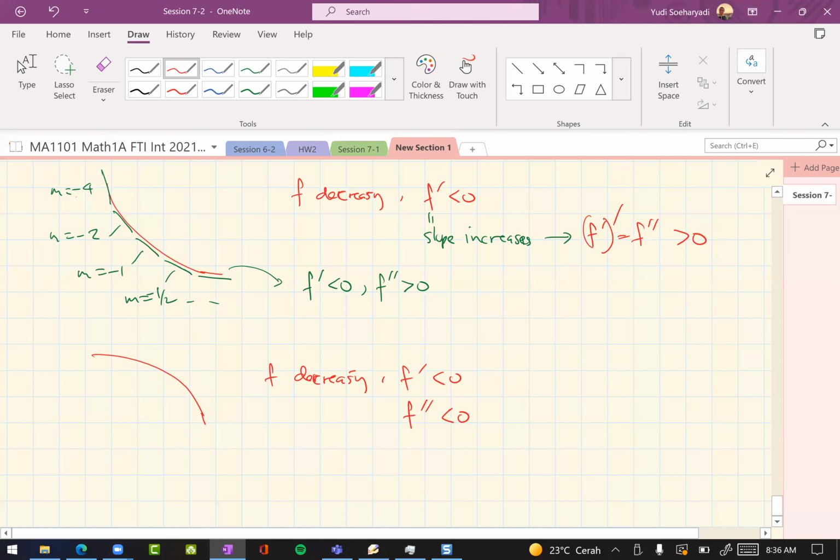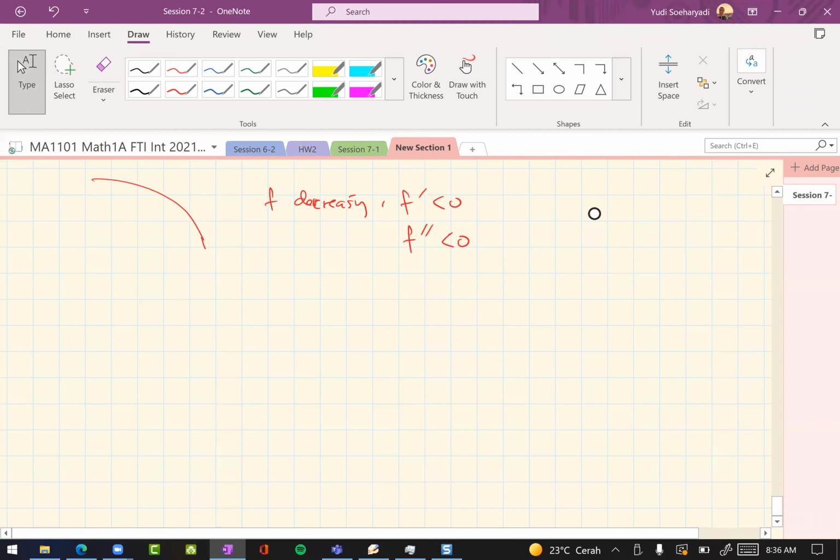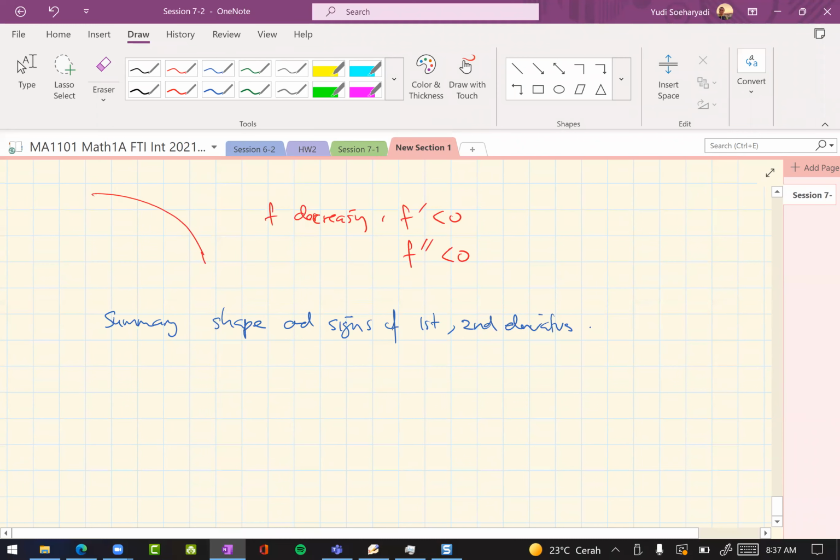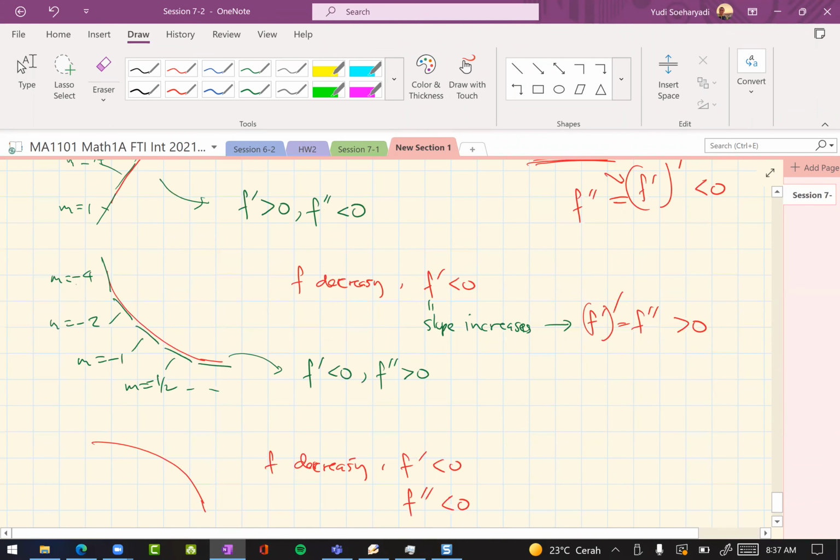So to summarize the shape and signs of the first and second derivative. First, I would call this, this is only in this course, right?